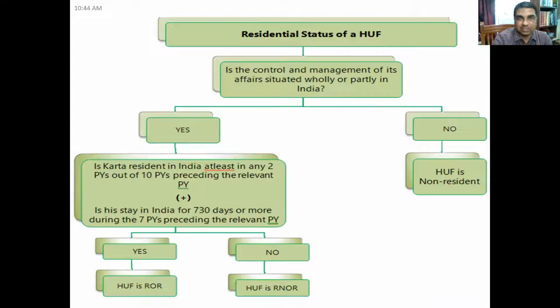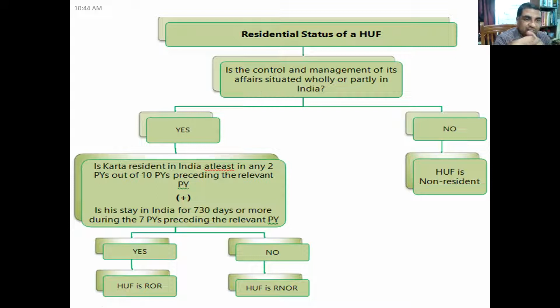If you look at this chart, it will summarize the provisions that we have now. First, you have to see: is the control and management of its affairs situated wholly or partly in India? This is the primary condition. If no, then the HUF is non-resident.